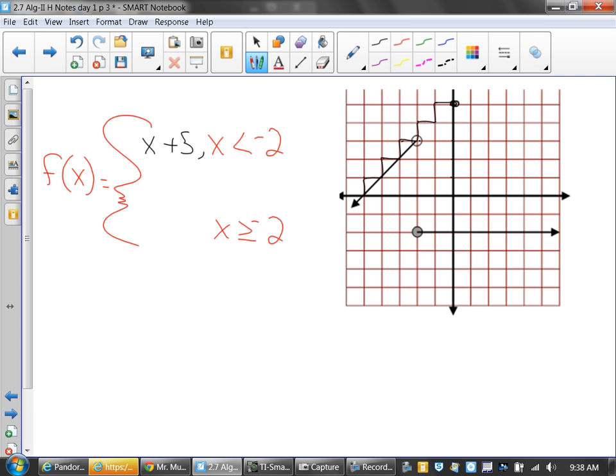All vertical lines are x equals some number. And the horizontal lines go this way. So that's a horizontal line. And what number does it go through? -2. And that's it.